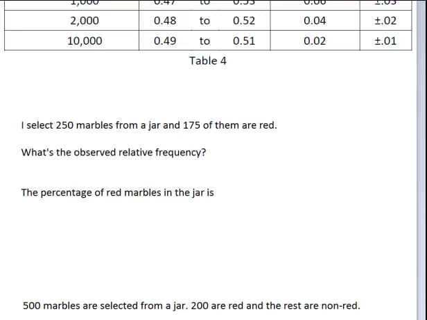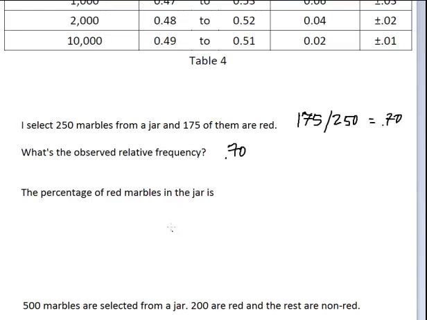That is, what percentage of red marbles do I have in front of me now that I've selected these 250. So to get that percentage, the observed relative frequency is 0.7.